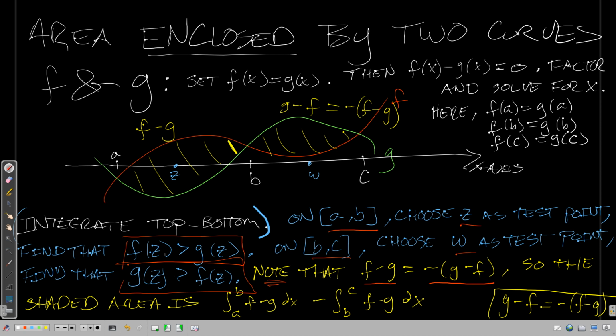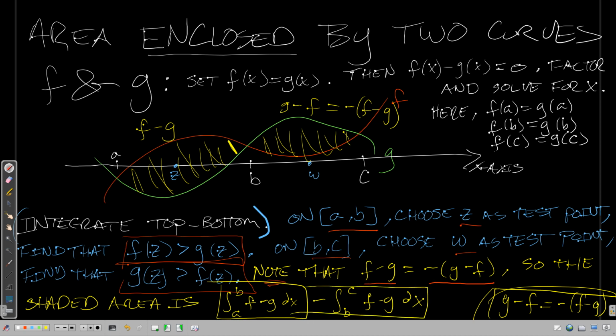So what you want to do to find this yellow shaded area is you would integrate from a to b of the new function f minus g, and the other integral you would normally add the other integral of the function g minus f, but since g minus f is a negative f minus g, then you may just subtract the integral of f minus g.